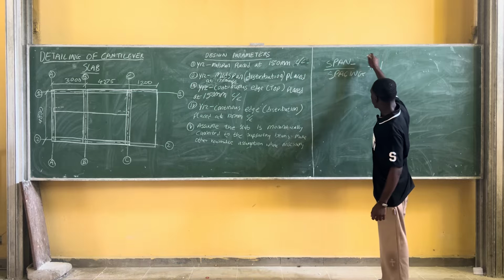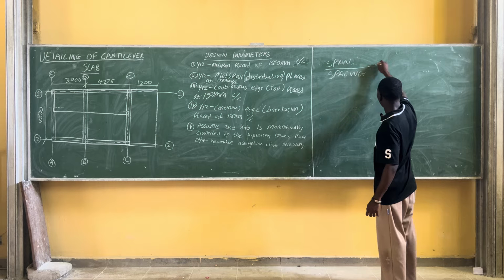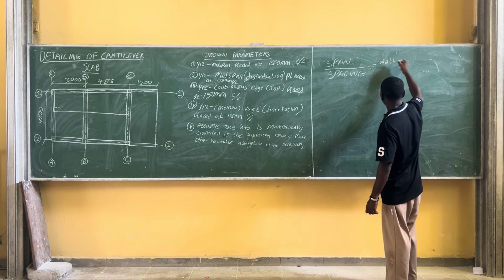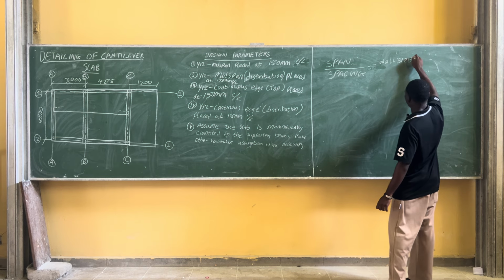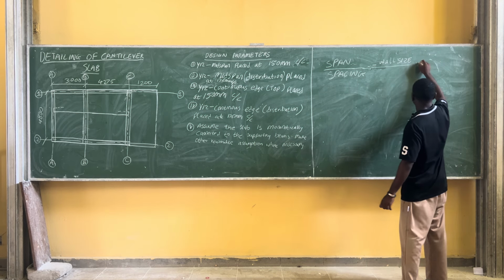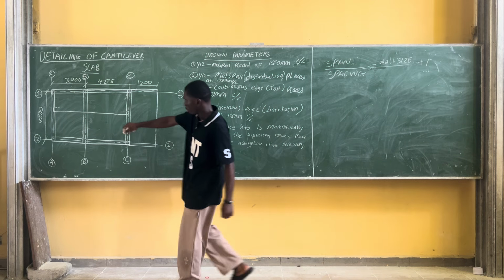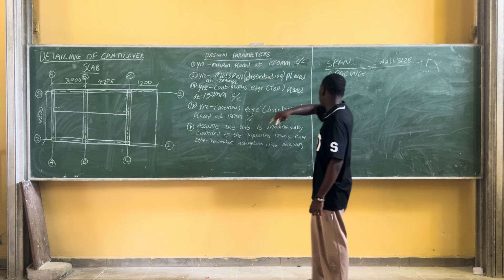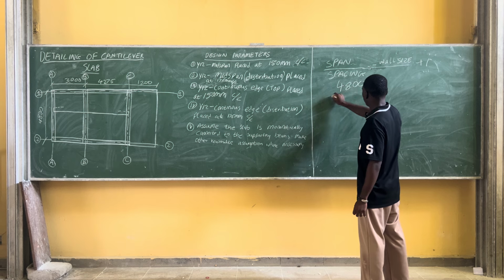Also minus wall size. Add that. Minus our wall size, plus 1. So since this reinforcement is spanning from this top to here, which is 4,800, that will be our given span, 4,800, divided by the spacing.